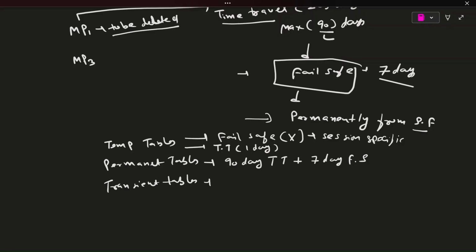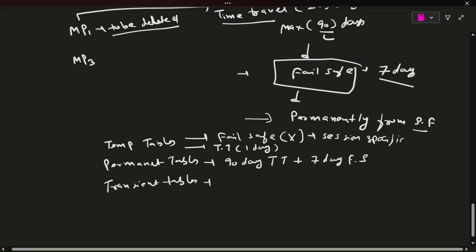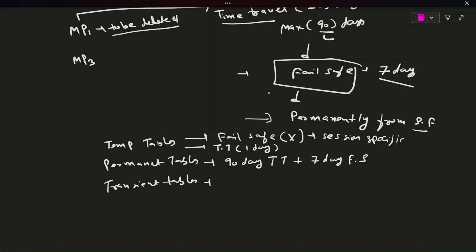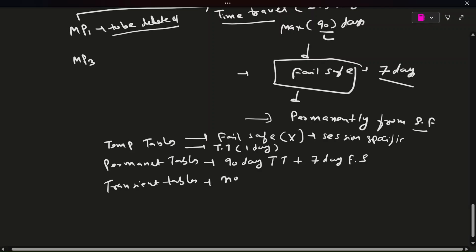Transient tables are not session specific, but basically this transient table has both the properties. Got it? So what I said, transient tables have properties of both permanent table and temporary table, which means they are not session specific, they persist outside sessions.